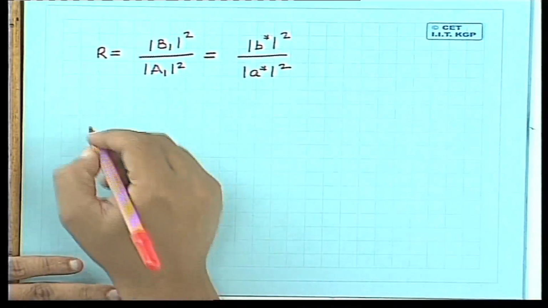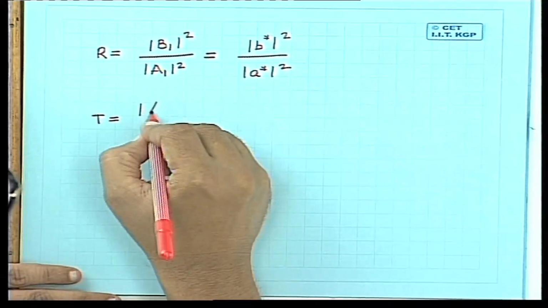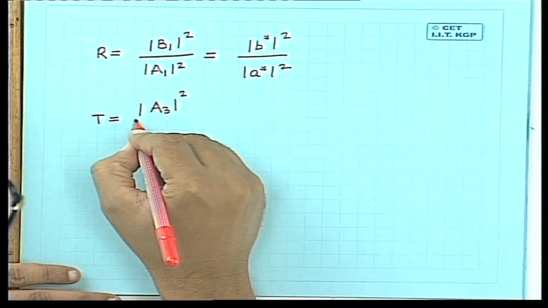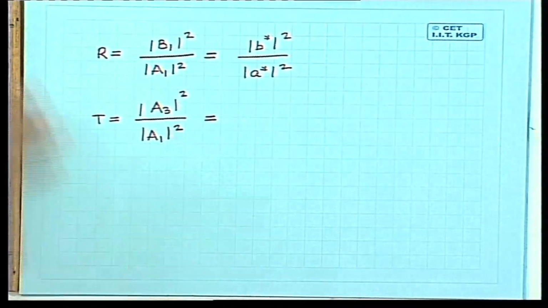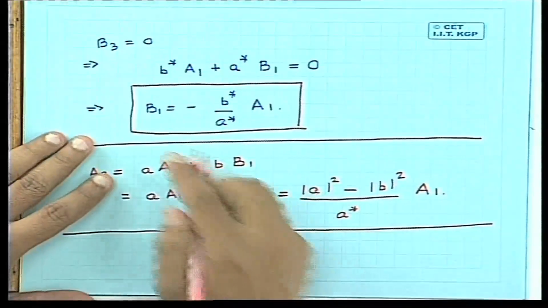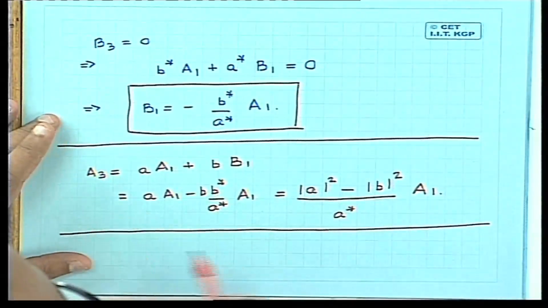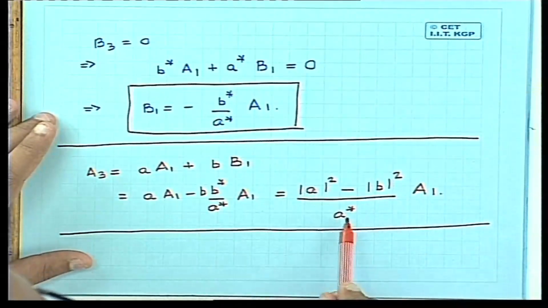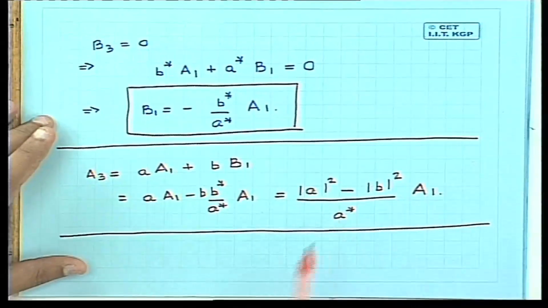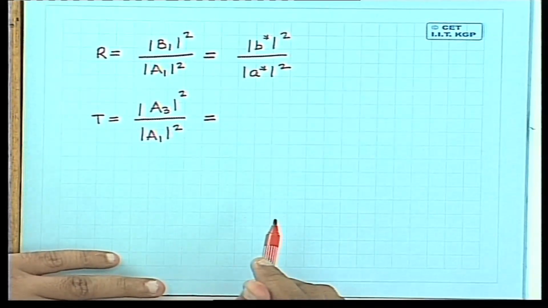And we also know that the transmission coefficient is equal to mod A3 squared by mod A1 squared. So the ratio of B3 by B1 is B star by A star, and A3 by A1 is this, so you have to calculate the mod square of this and divide it by the mod square of this.